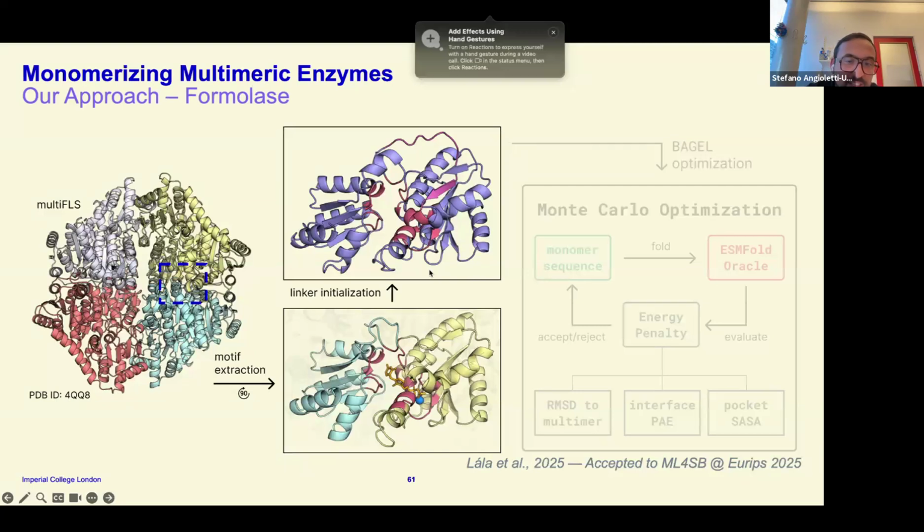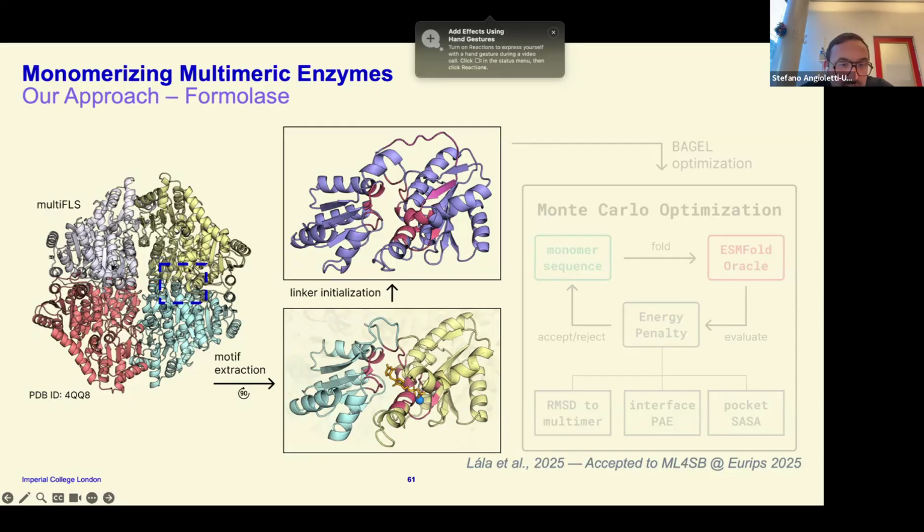And then the fact is, if you take this monomerized version of the initial chain, it will not stay like this. You took a piece of a protein, you extracted it from the real protein, and it will not fall back exactly to the original version, because you removed a lot of the other parts of the sequence that are necessary to template the structure.